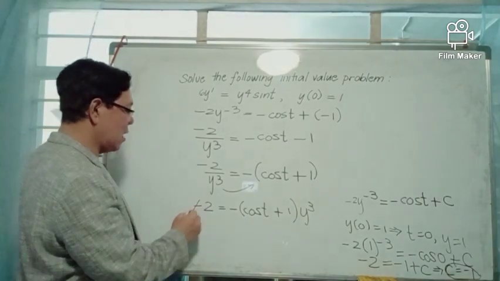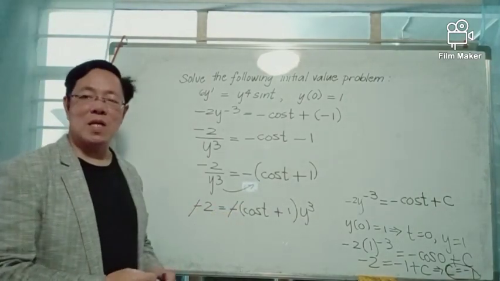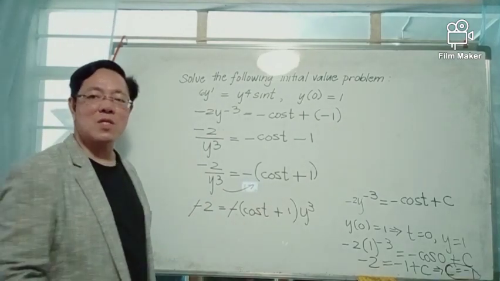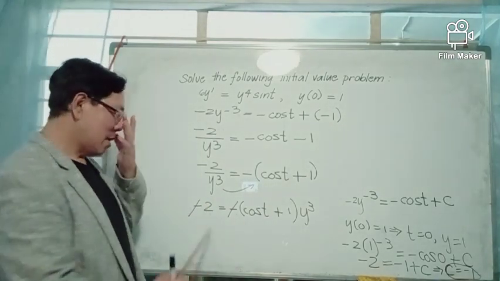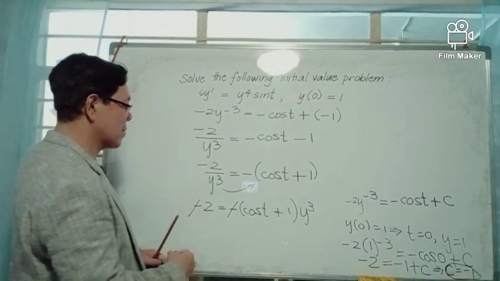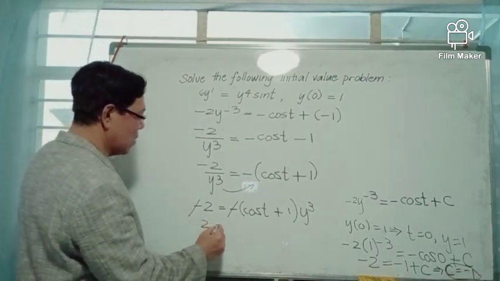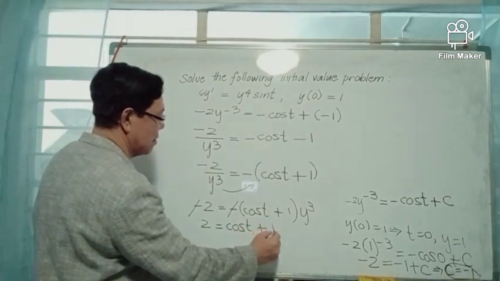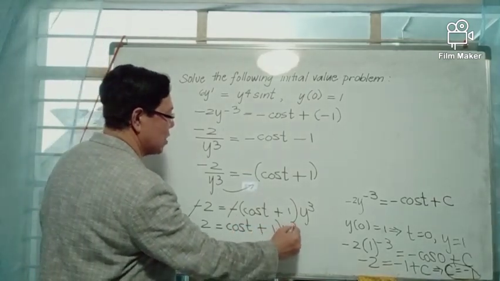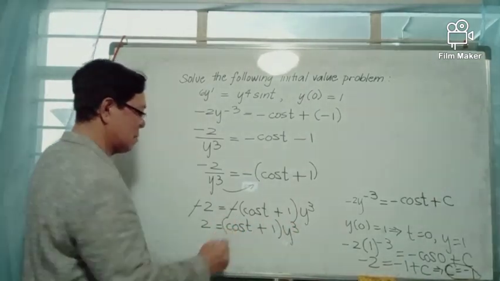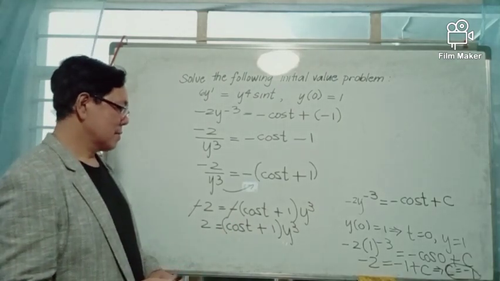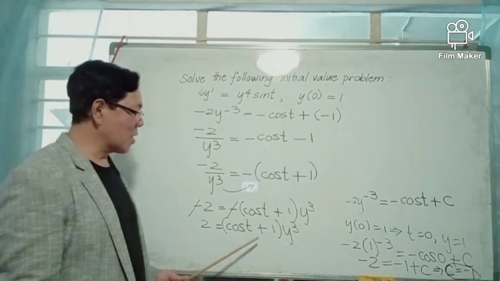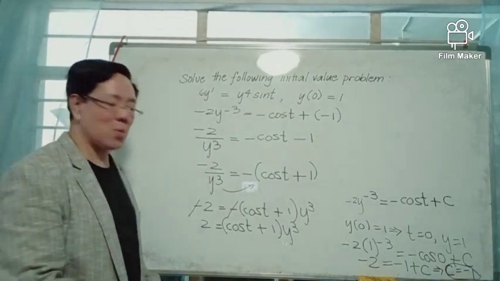We can cancel out both negatives from both sides of the equation, or multiply both sides of the equation by negative 1. And you get 2 is equal to cosine t plus 1 multiplied by y to the power 3. Now we divide both sides of the equation by cosine t plus 1.